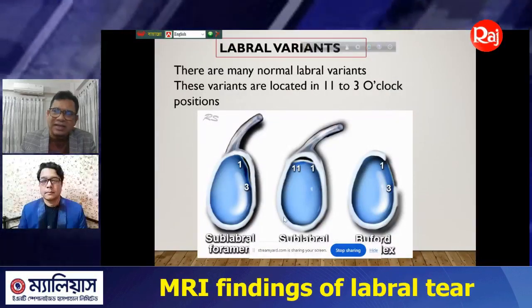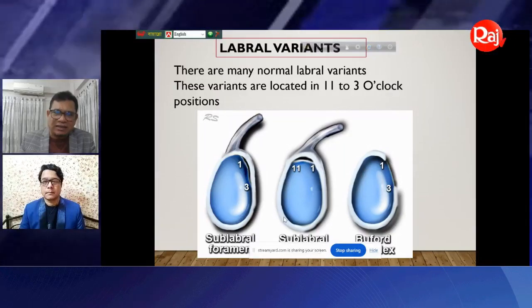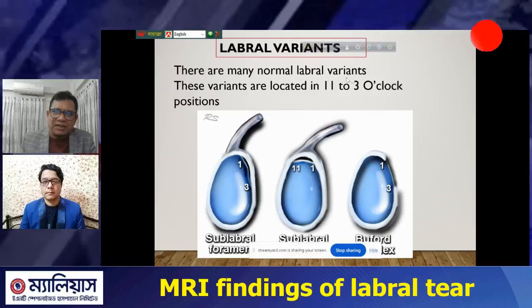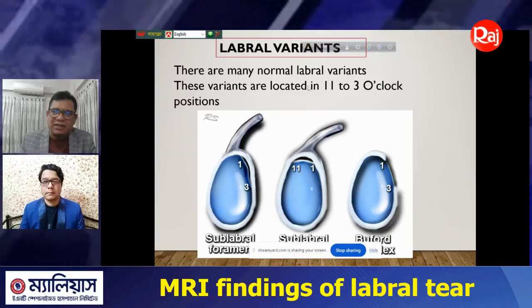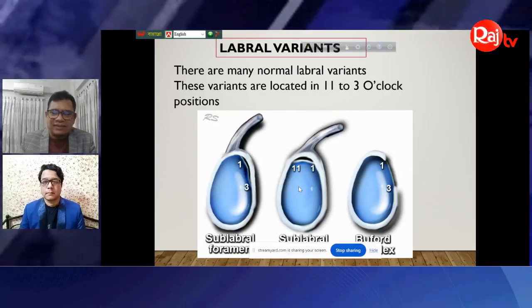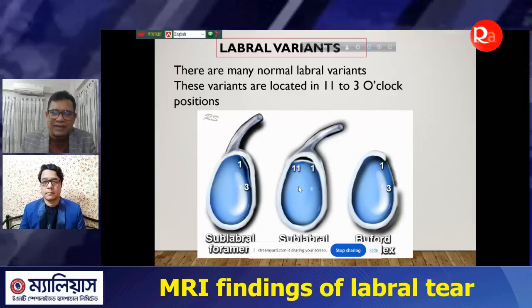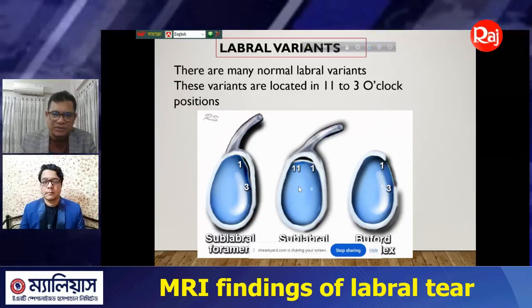Like tears, there are some anatomical variants of the labrum. These anatomic variants are usually found from 11 to 3 o'clock position. When we think about injury, we must know the normal variants in clock-face position.